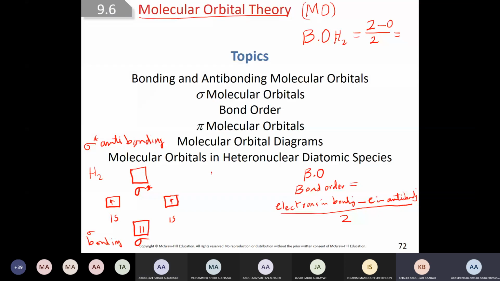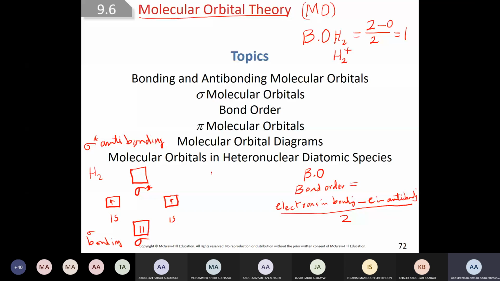What's the bond order? 1. Fantastic. Let's talk about other molecules. Let's talk about H2 plus. When we make H2 plus, what did we do? Remove an electron.